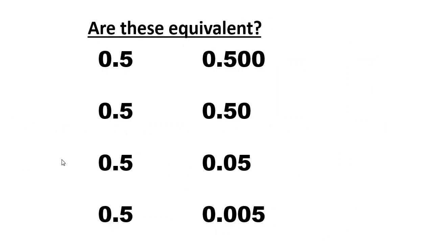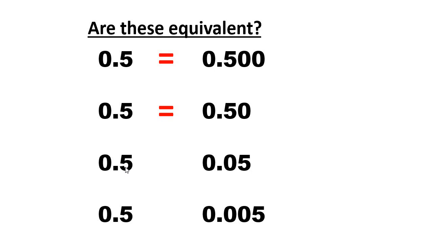So let's practice that. Take a look at these pairs and let's decide if they're equivalent or not. Here we have 5/10. If you add 2 zeros to the end of it, you get 500 thousandths. So those are equal to each other. 5/10 compared to 50 hundredths. Again, I just added a 0 to the end. They both have a 5 in the tenths place, so they're equal.